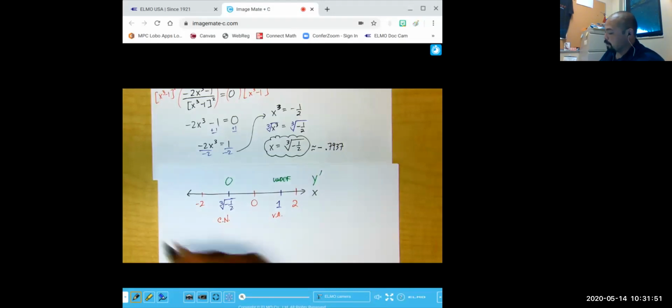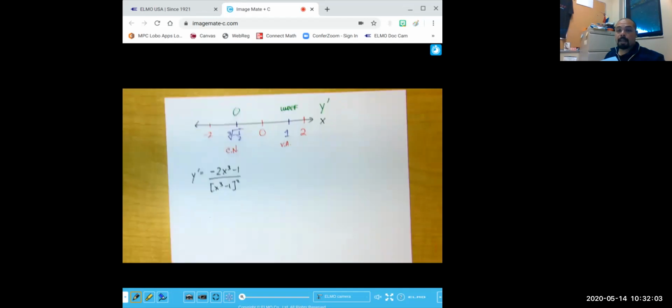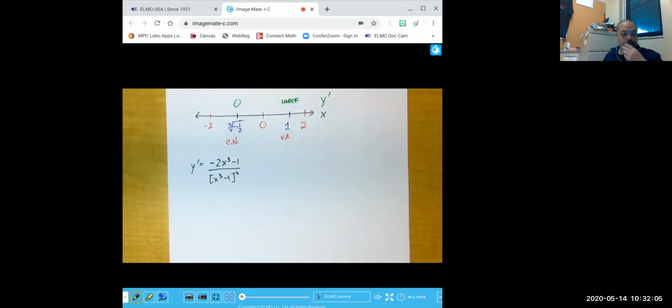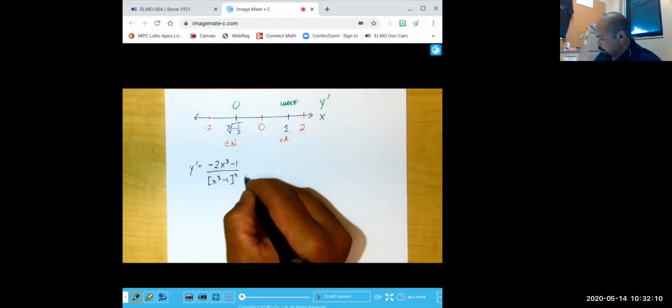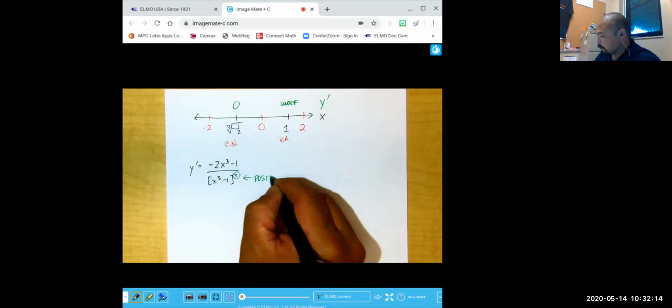So when I look at our derivative, y prime was -2x cubed minus 1 over the x cubed minus 1 squared. I'm going to slide this up. Taking that denominator, because of the squaring, that's going to be positive no matter what.